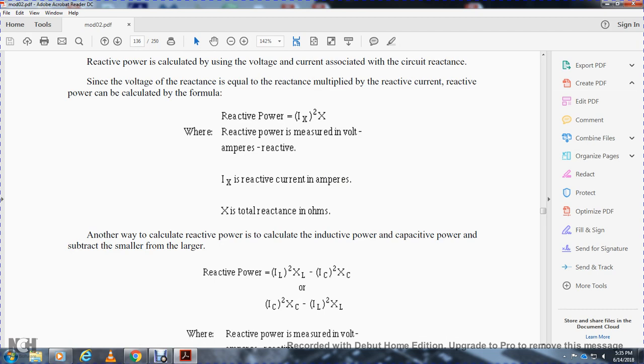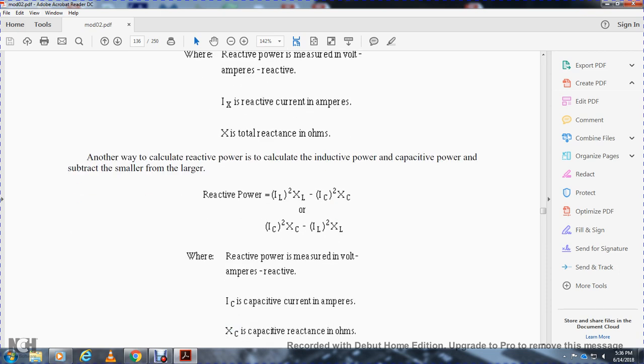So you have the inductive current in amps squared times the inductive reactance, minus the capacitive current in amps squared times the capacitive reactance, or the capacitive power minus the inductive power. Reactive power is measured in volt-amperes reactive.